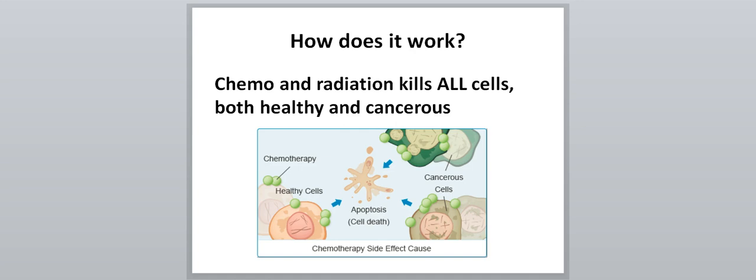The chemo goes after the cancer cells, yes, but it also goes after the healthy cells. Chemo is not selective, neither is radiation therapy. It goes after everything at the same time, which causes lots and lots of problems with your immune system, which is why cancer tends to come back, and which is what I've been seeing in the last few years. This is a great concern.